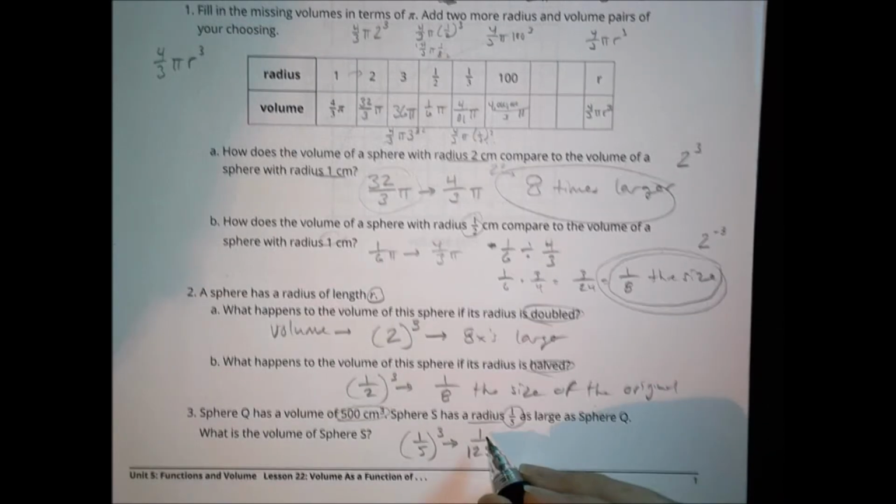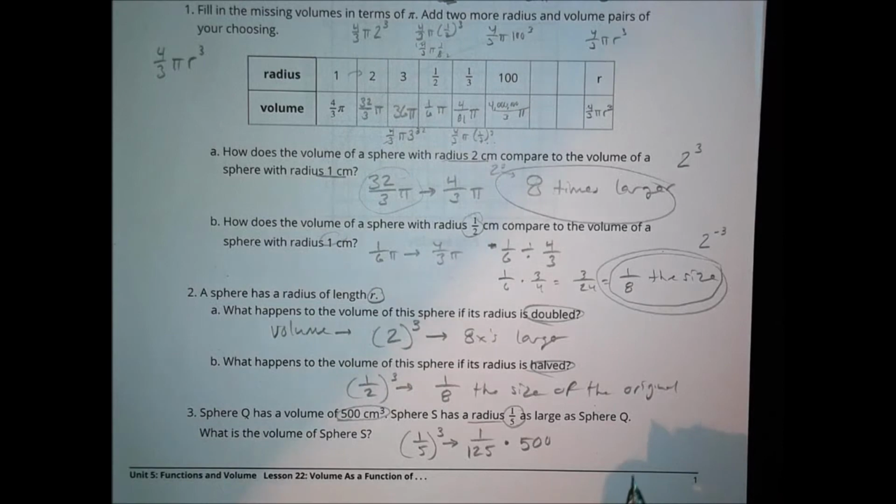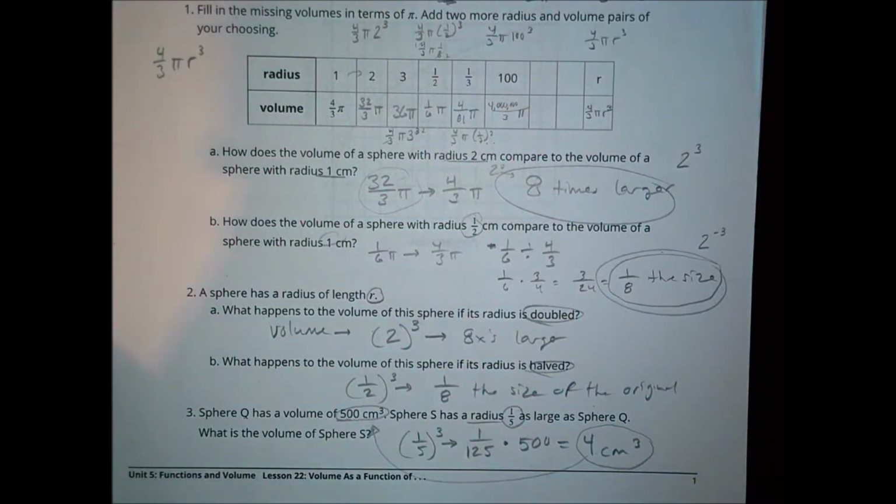So it's going to be 1/125th the size of the original volume. The original volume was 500. So 500 divided by 125 is equal to 4. So in terms of a solution here, sphere S is going to have a volume of 4 centimeters cubed, which is 1/125 the volume of the original.